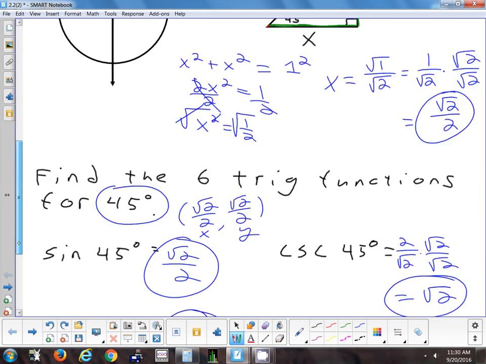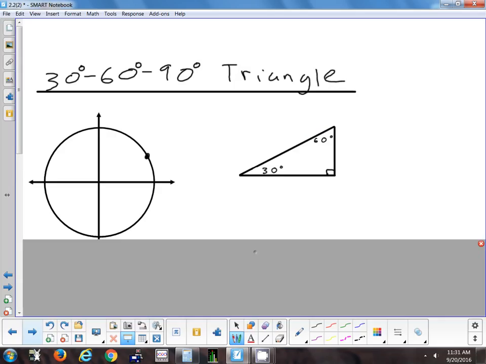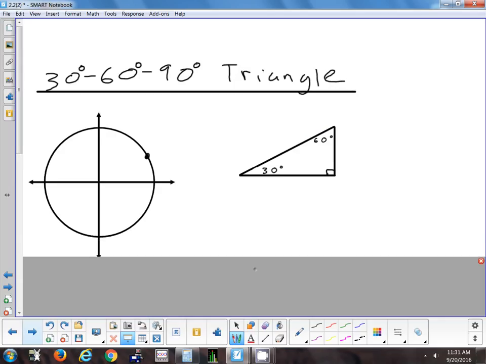All right, so let's look at this one, the 30, 60, 90. I'm starting off with our unit circle diagram. I've drawn 30 degrees about right here. It's a little bit less than 45.